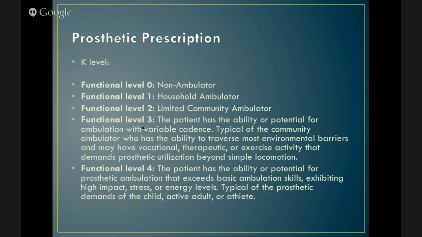So really what we talk about are K levels 1 through 3, 1 being a household ambulator, so really walking around with an assistive device in very controlled environments, level surfaces, minimal obstacles or distractions. That's a household ambulator, and really it's kind of basic.